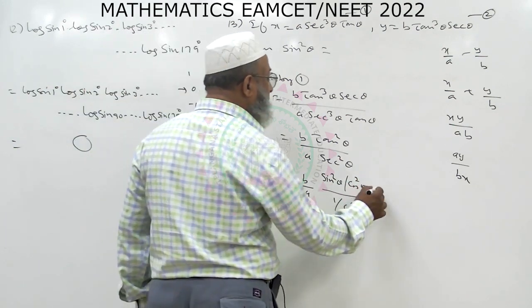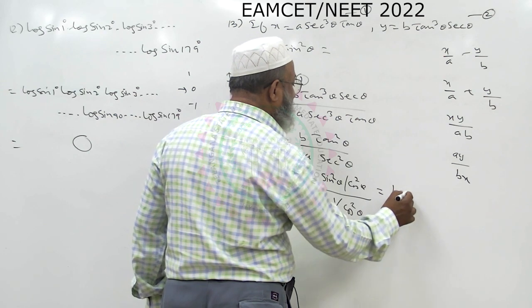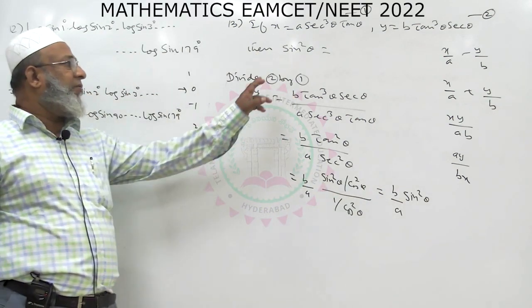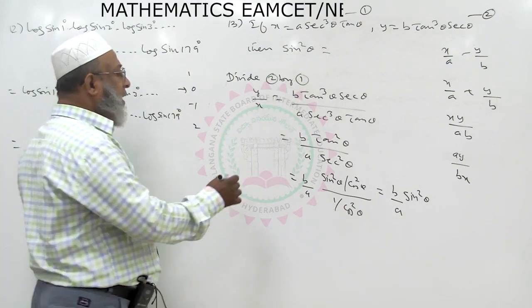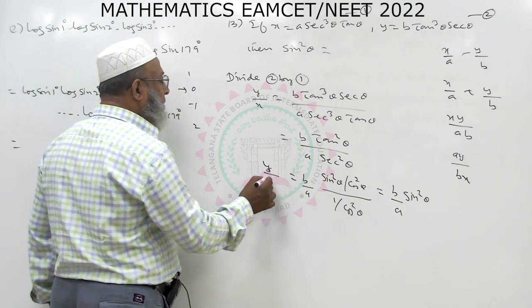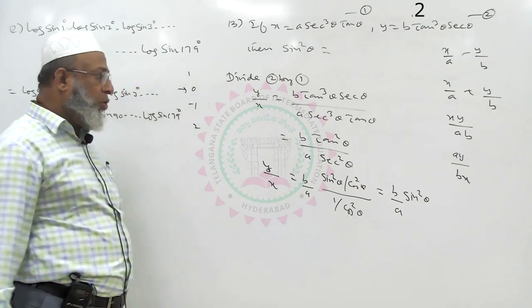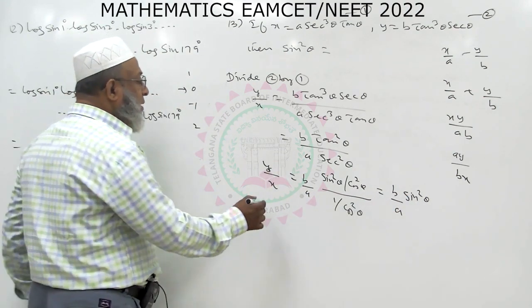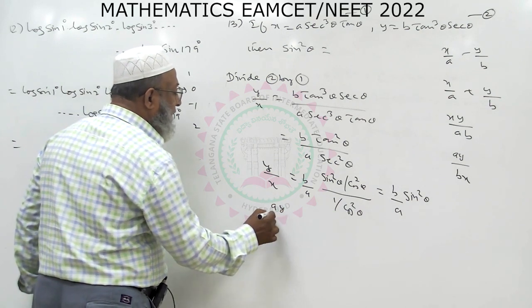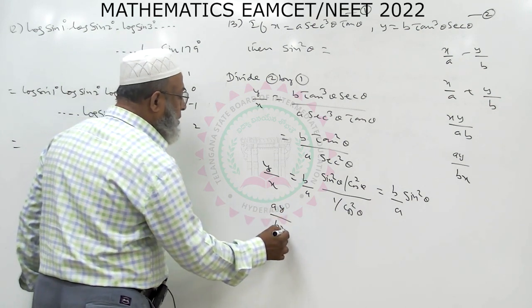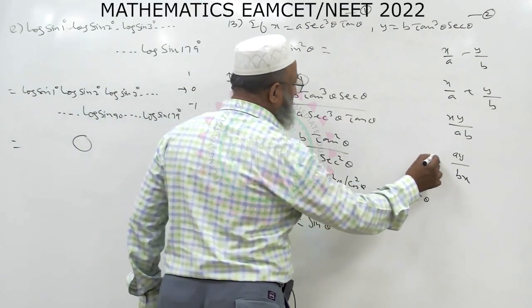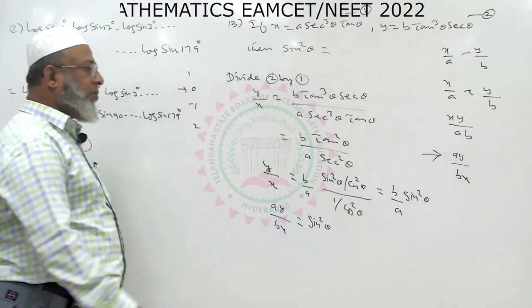This gives me b by a into sin square theta. And I want the value of sin square theta only. Here on the left hand side, I am having y by x. So, if I keep sin square theta as it is, on cross multiplying, I am getting ay by bx is equal to sin square theta. Therefore, my answer is the fourth one.